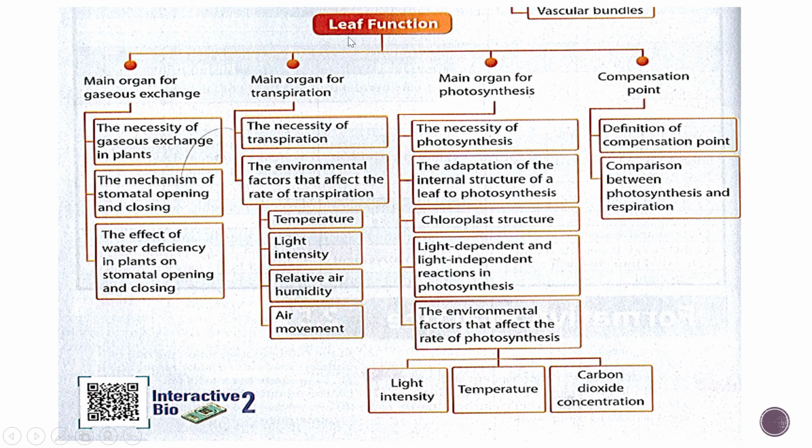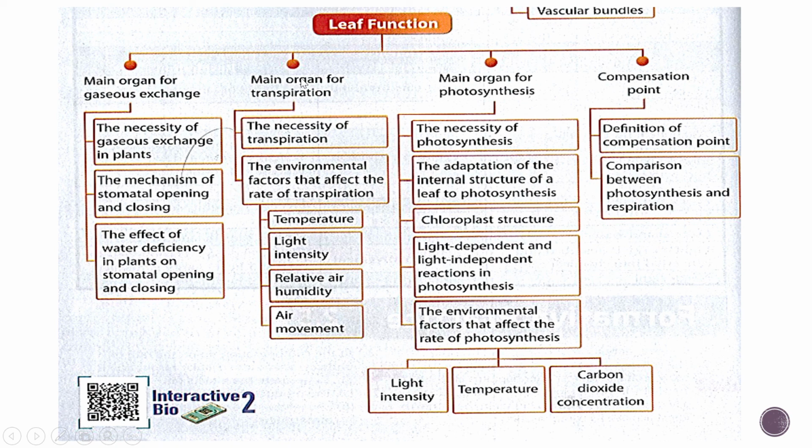Next, we looked at the leaf function, being the main organ for gaseous exchange. Then we also came across the necessity and the mechanism of stomata opening and closing, and water deficiency, and what its effect is on the plants in terms of closing and opening of stoma.